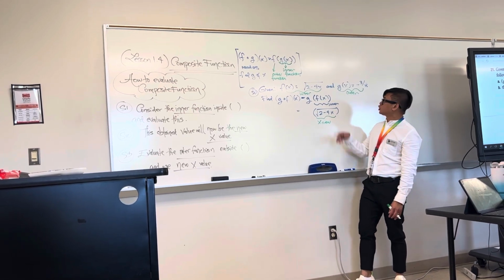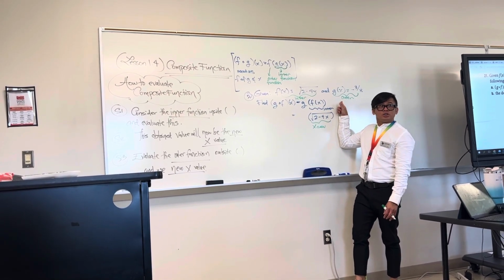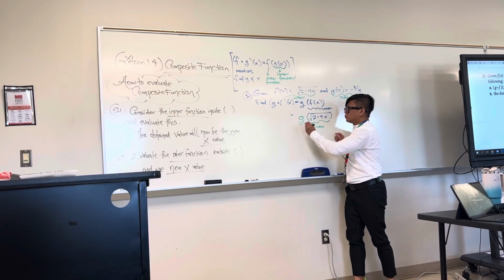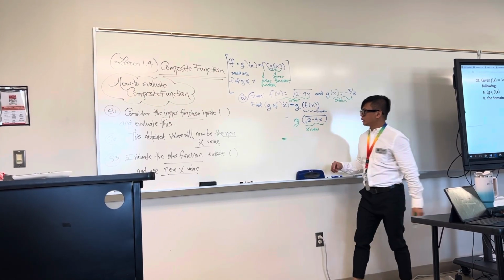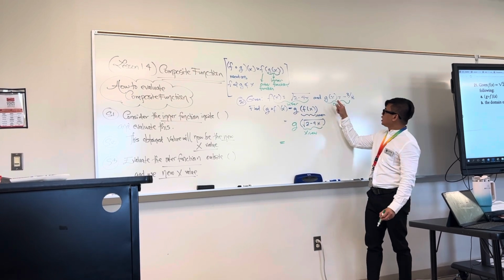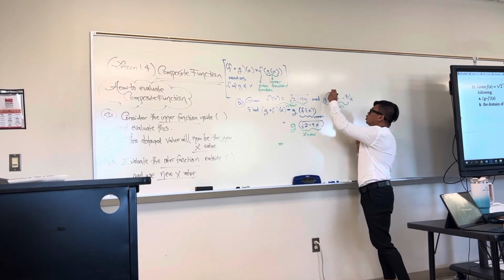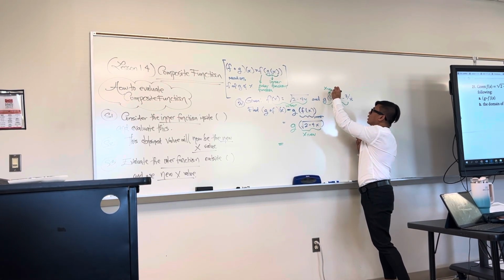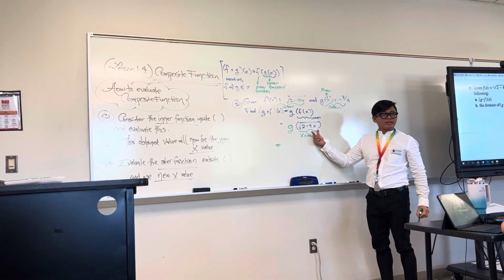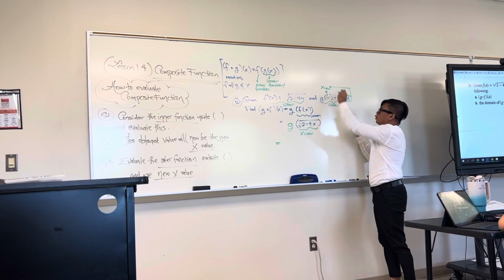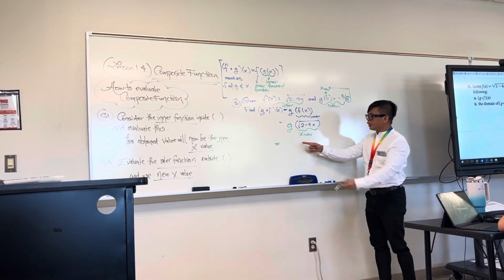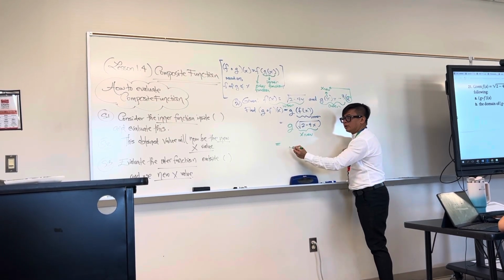And what's your outer function? G. So how to evaluate that one then? On the g, the new x in here will now be this entire thing. So whatever this x is, that will also be the new x. So in short, what is your function now?